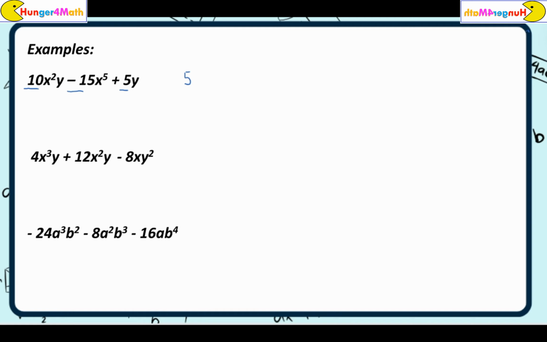So let's divide. 10x squared y divided by 5 is 2x squared y. Then negative 15x to the power 5 divided by 5 is negative 3x to the power of 5. And 5y divided by 5 is y, or plus y. So this is our answer.